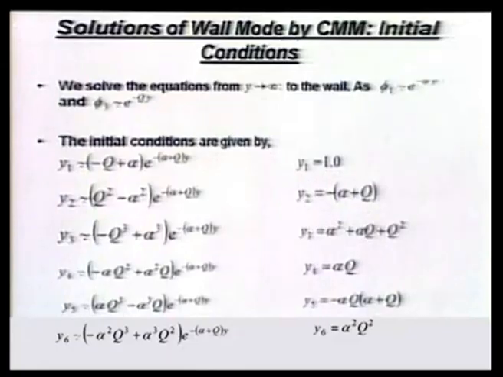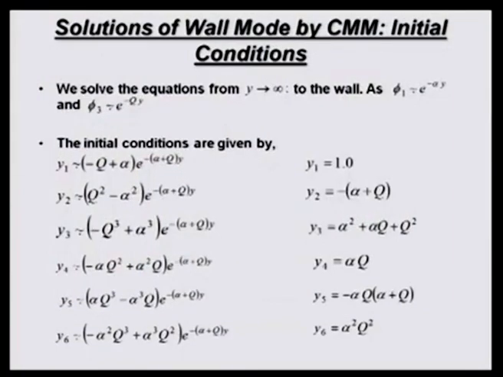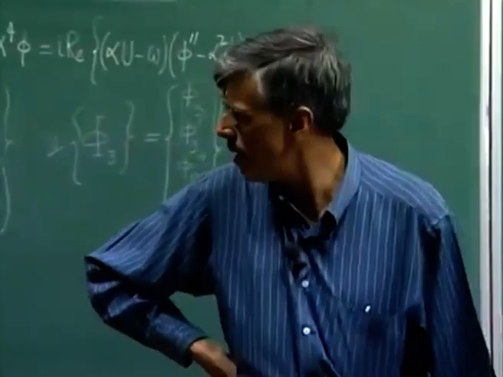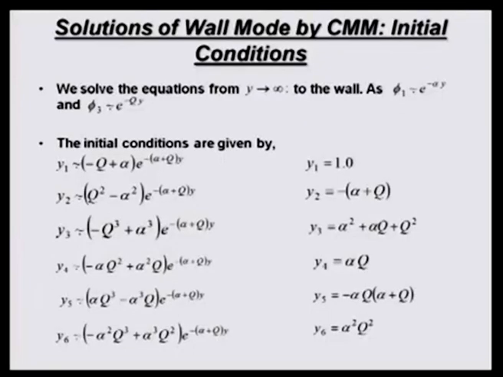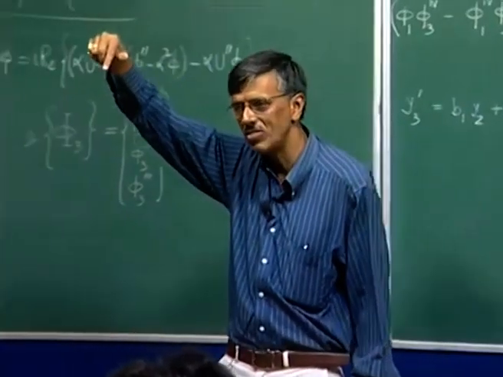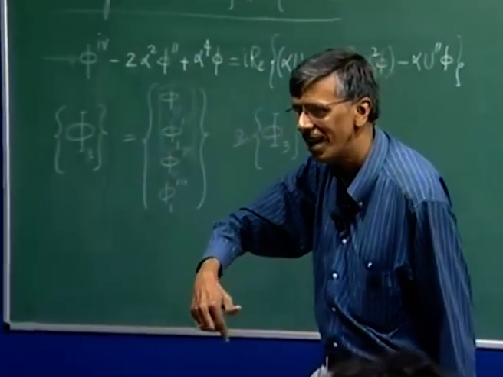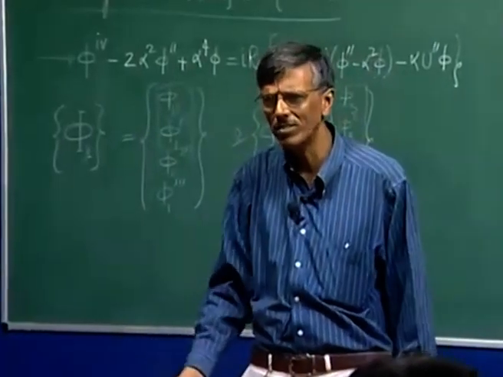You can go ahead and get this. Now, this is what will constitute your initial condition. You have now a value of y 1 to y 6, you could start far outside the shear layer and start marching downwards. So, it is a fairly easy task.